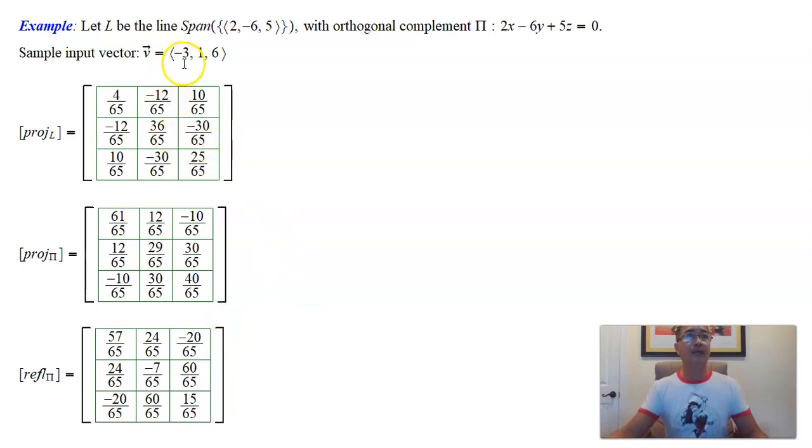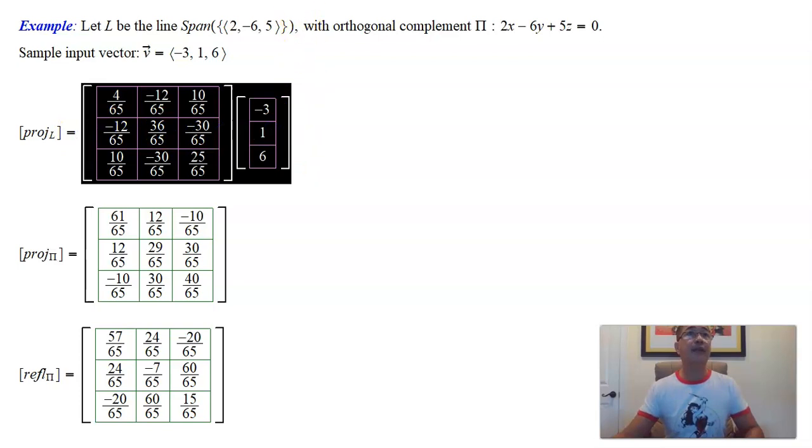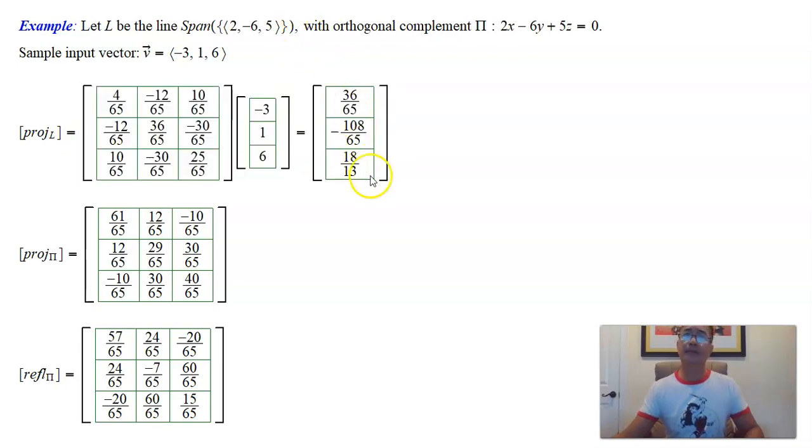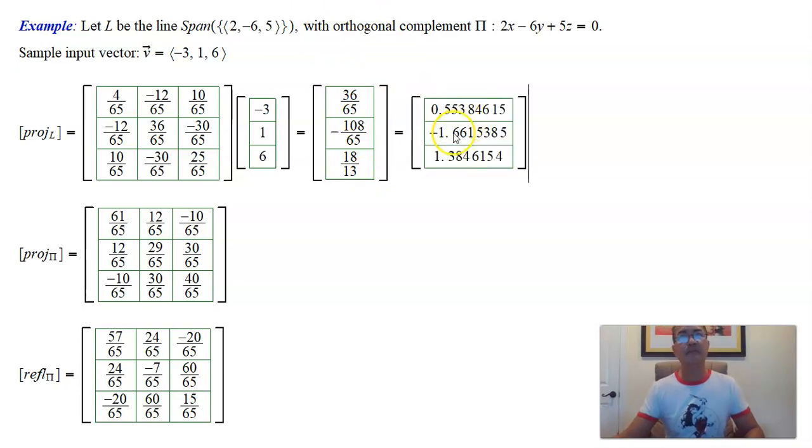I have a sample input vector, -3, 1, 6, and let's see what happens when we find its projection on L, on pi, and its reflection across pi. We write down v vertically as a column matrix, and then let's find the answer, and approximate that.